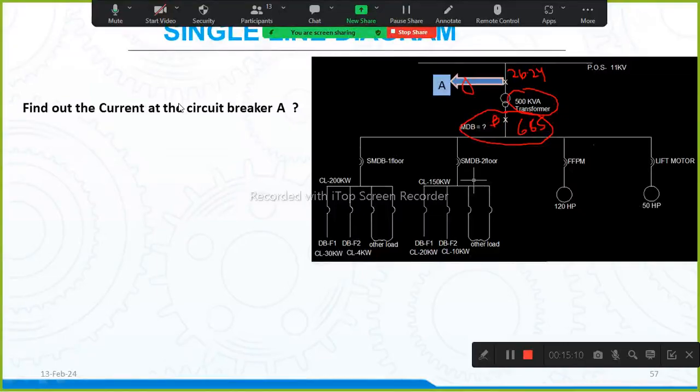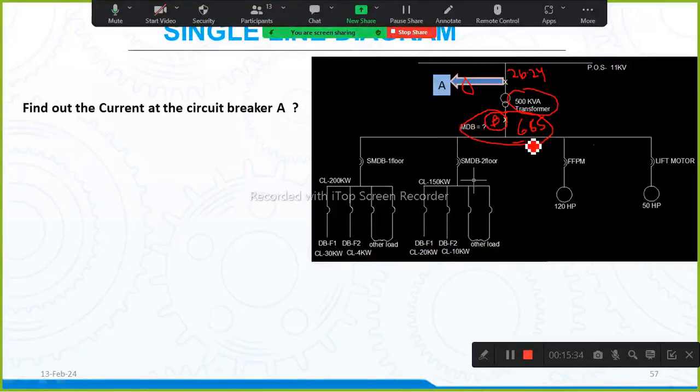Now tell me what kind of circuit breaker has to be preferred for point A. MCB. Others? What is the kind for B?